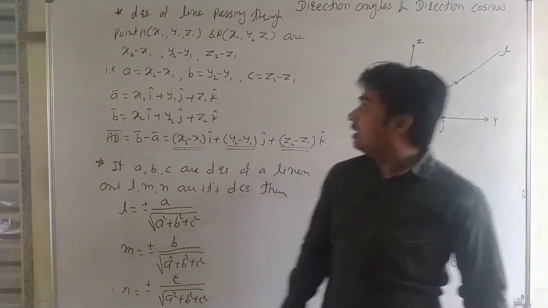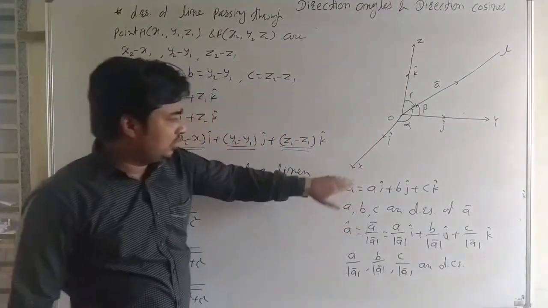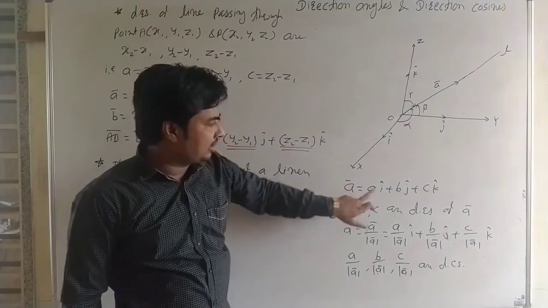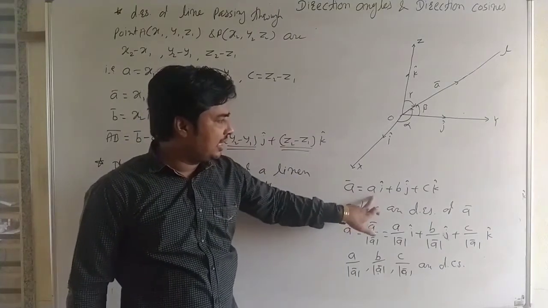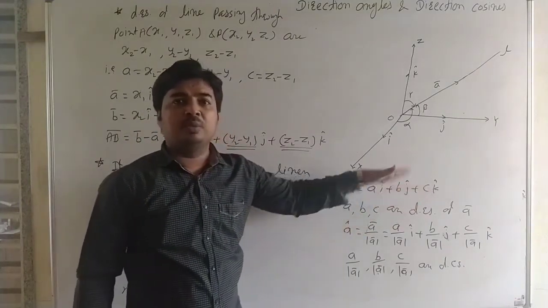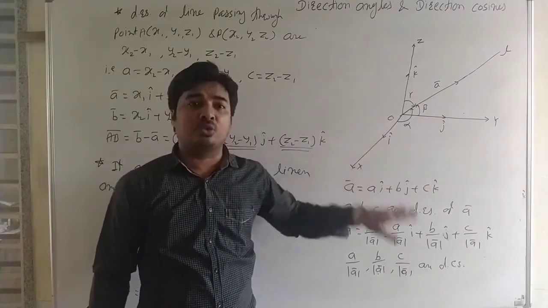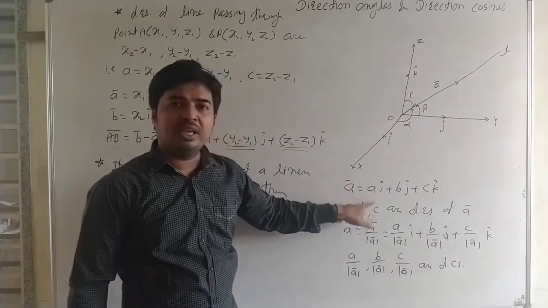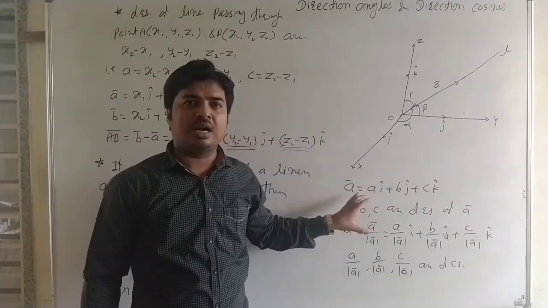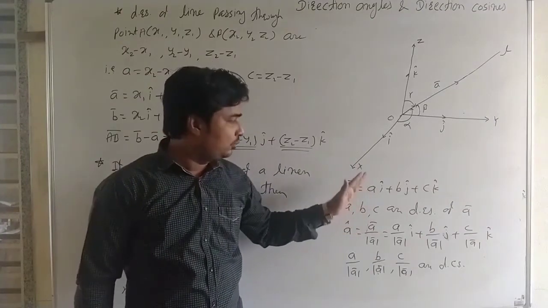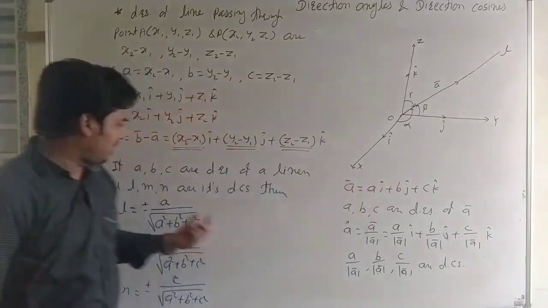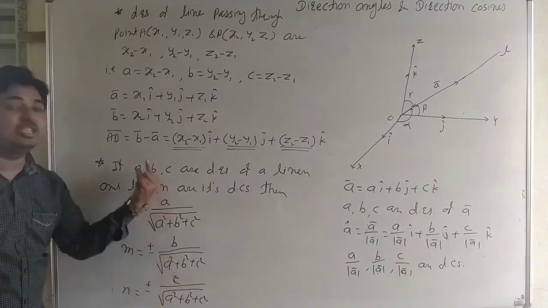Okay, if at any time we know only the vector, a bar equal to a i cap plus b j cap plus c k cap, then find its direction ratios and direction cosines. The direction ratios are a, b and c, the coefficients of i, j, k, and when we know a, b and c we find the direction cosines by using this formula.